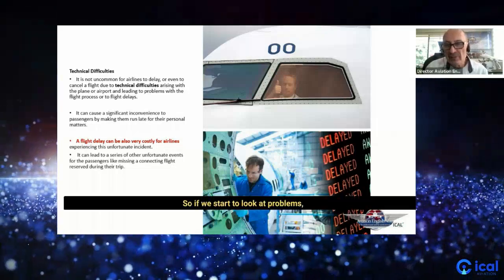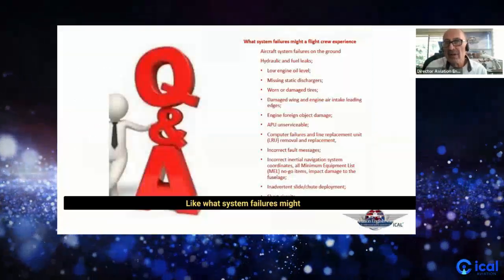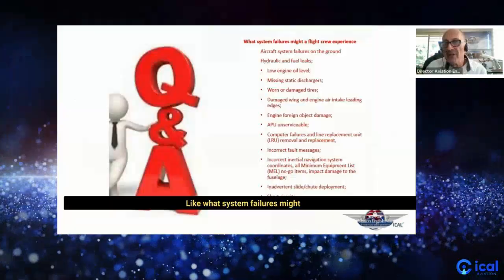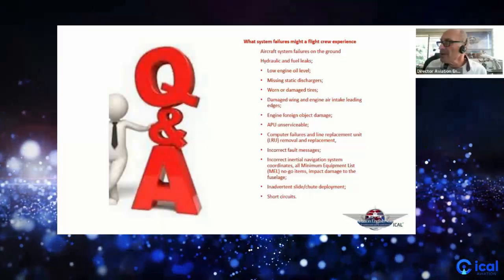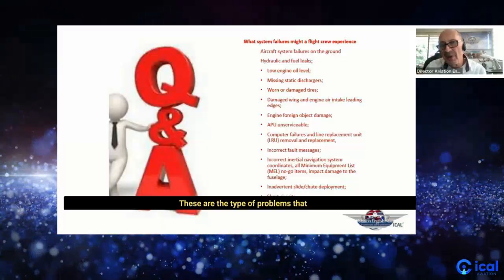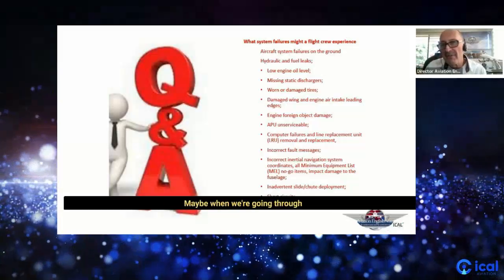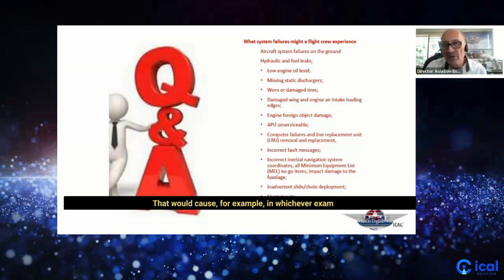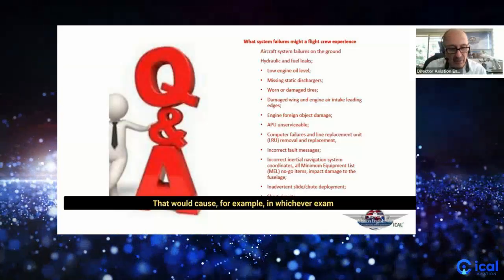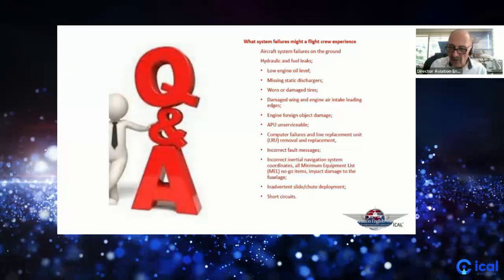So if we start to look at problems, what can go wrong will go wrong. Like what system failures might a flight crew experience? These are the type of problems that we might encounter normally on the ground, maybe when we're going through a walk-around inspection, that would cause, for example, in whichever exam you're taking, okay, you got a problem, what are you going to do?